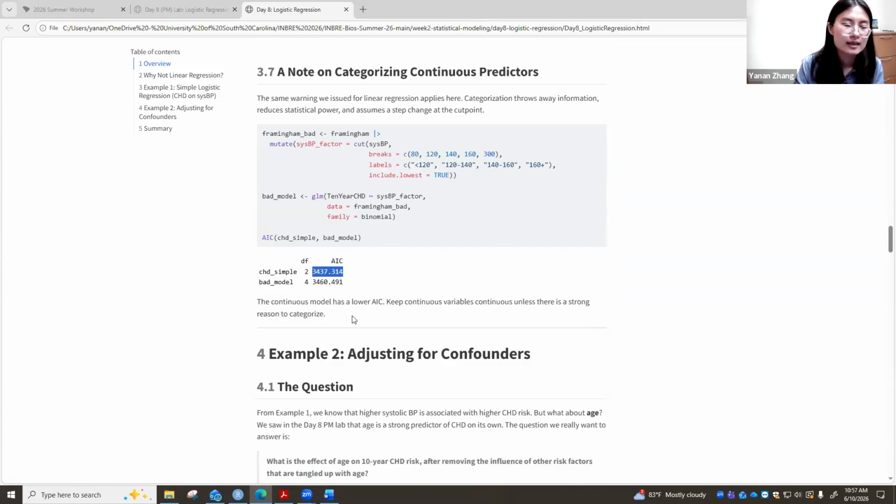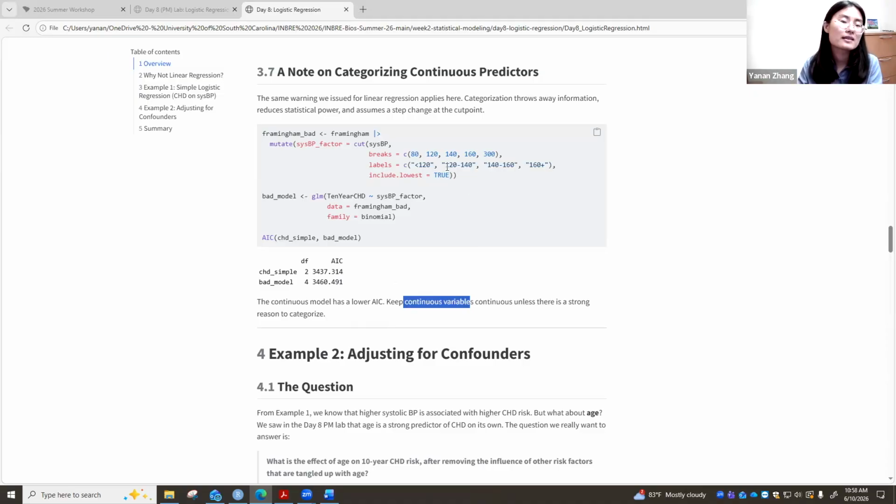So this suggests, unless it's necessary, unless there's a clinical meaning or a biological meaning that you need to break those into categorical groups, from the statistical modeling perspective, we prefer to use the continuous variable rather than the grouped variable, because grouping collapses some information.